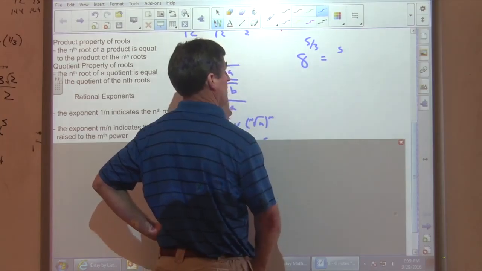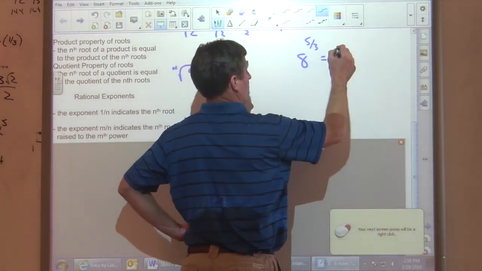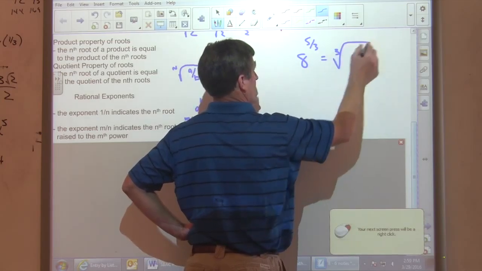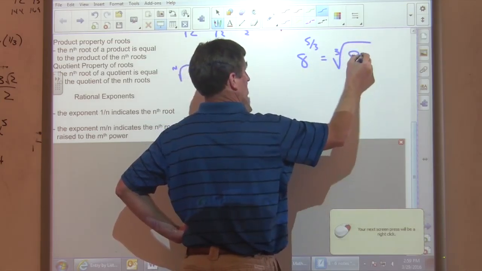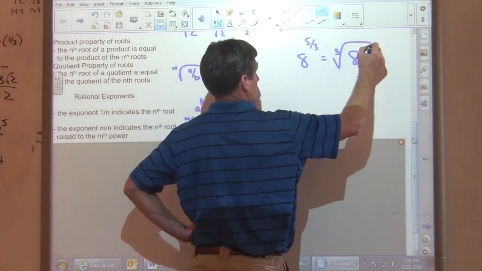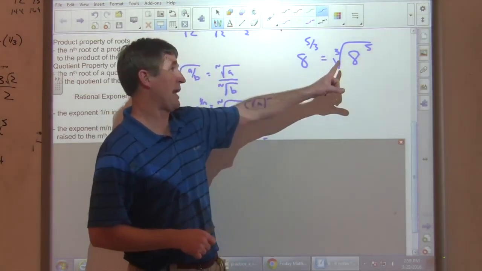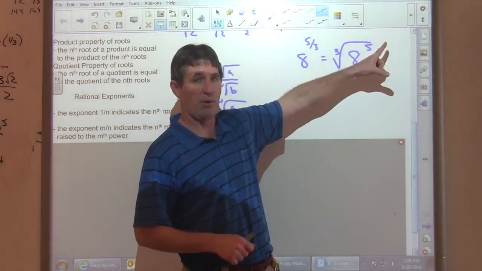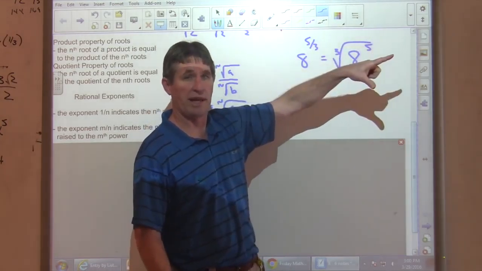That would be the third root, okay? Denominator is our index, the base is our radicand, 5 is the exponent. So if I was to do this the way it's written, I would have to take 8 to the 5th power, which you can do on the calculator, and then take the cube root of that.